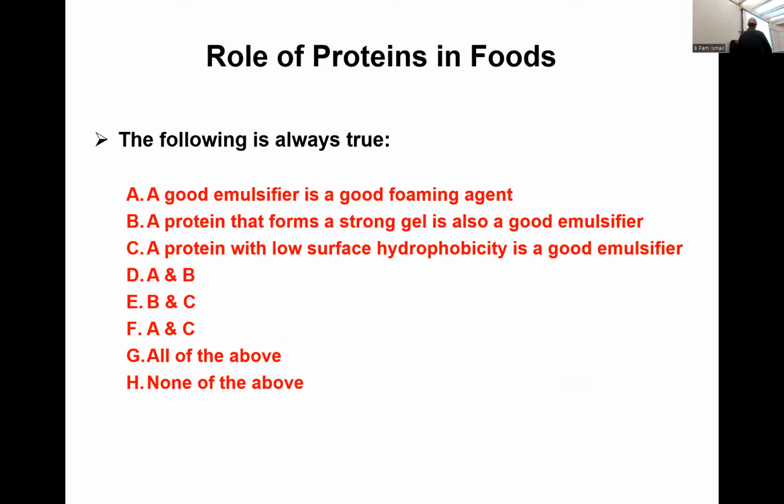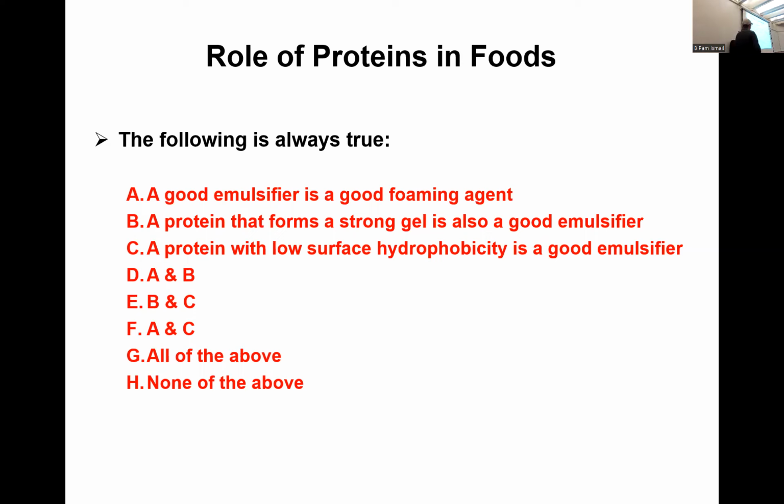So a good emulsifier is a good foaming agent. A protein that forms a strong gel is also a good emulsifier. A protein with low surface hydrophobicity is a good emulsifier. What say you? None of them.